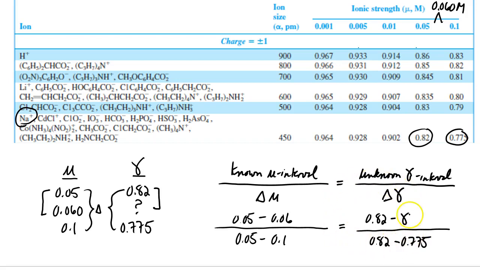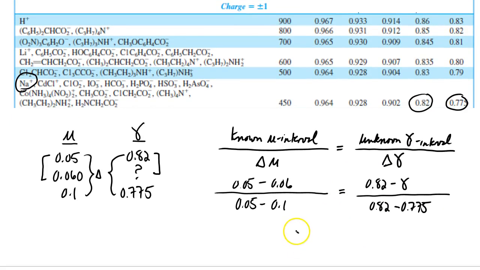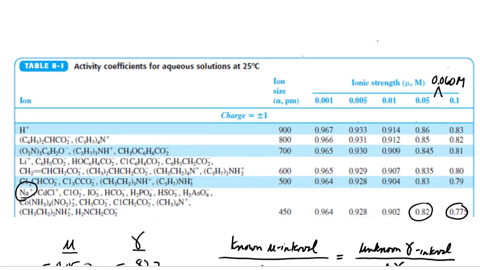So you have a little bit of arithmetic to do here, but when you do it, you get that the missing activity coefficient is 0.811. So finally, we can go back to our problem.